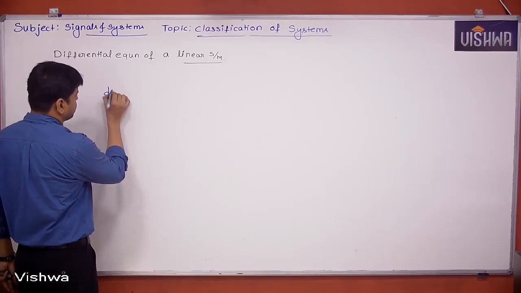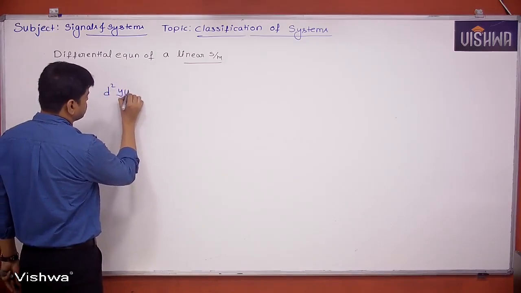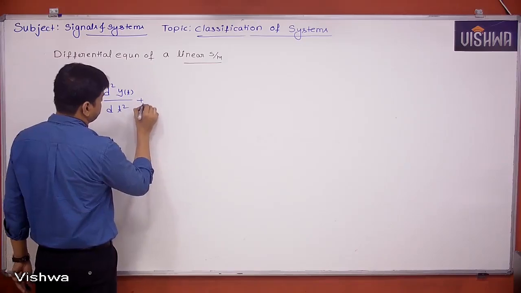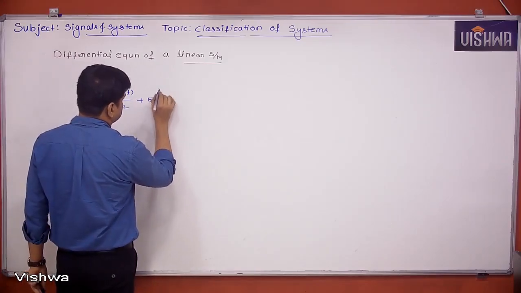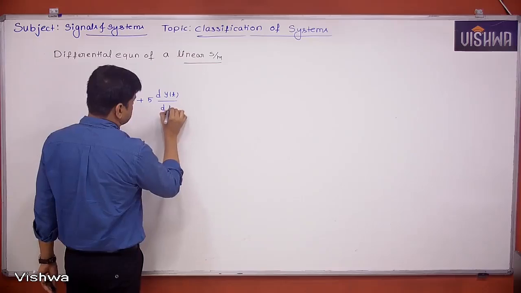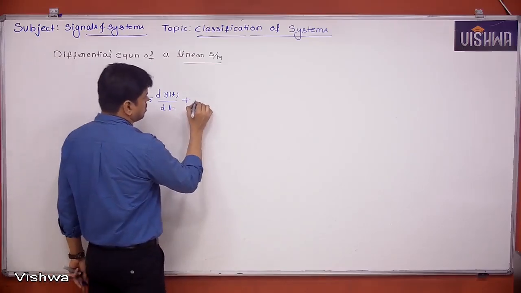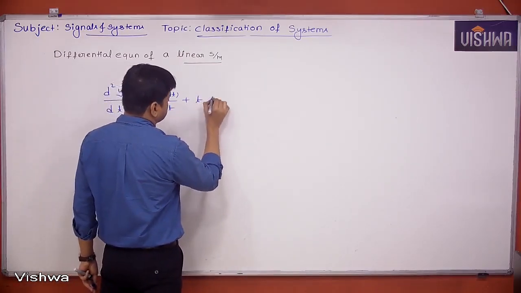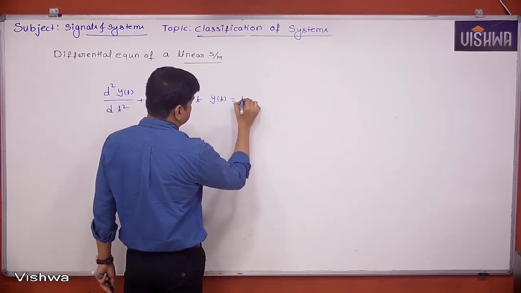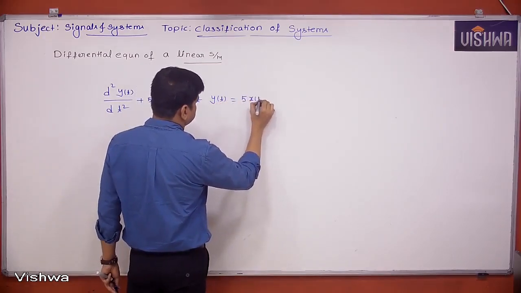Suppose let's say d square y of t by dt square plus 5 dy of t by dt plus t y of t is equal to 5x of t.